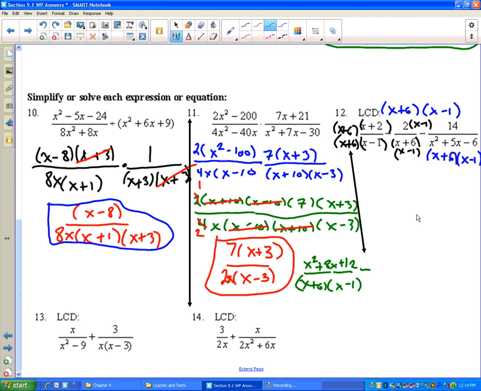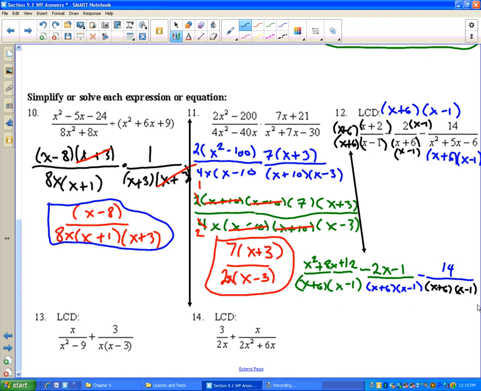Minus 2 times x minus 1 is 2x minus 2, over, now again, my denominator didn't change. I made it into x plus 6 times x minus 1. And this is again minus 14 over, and again, that denominator didn't change. It is x plus 6 times x minus 1.